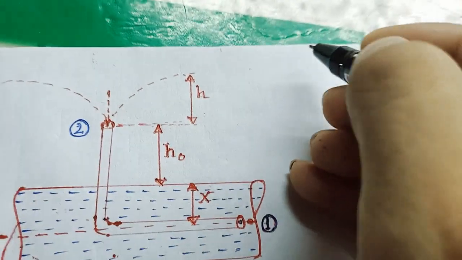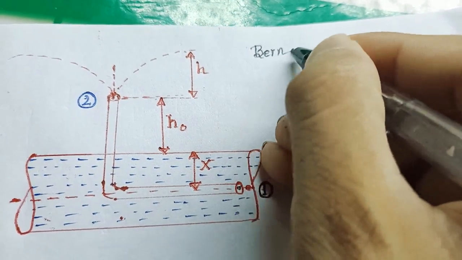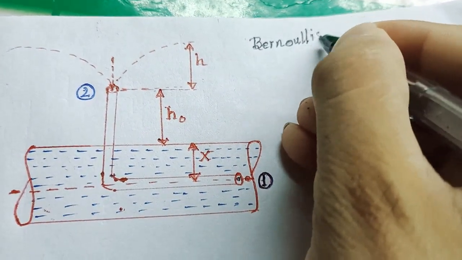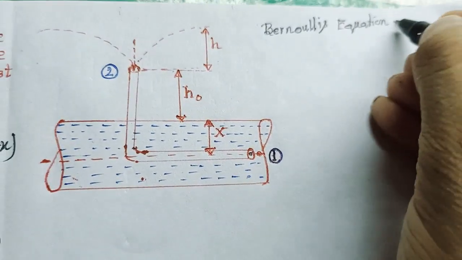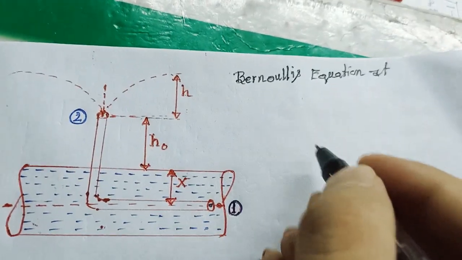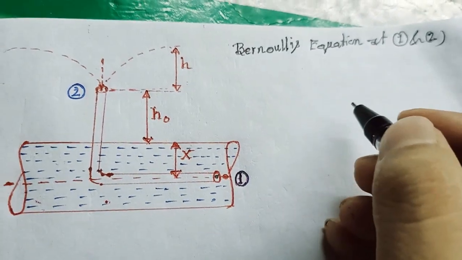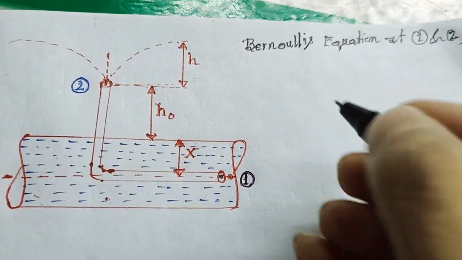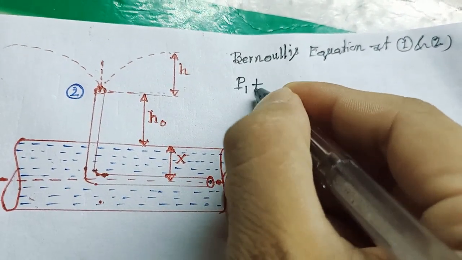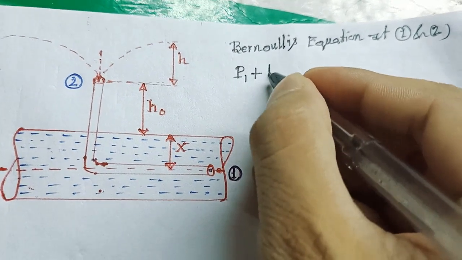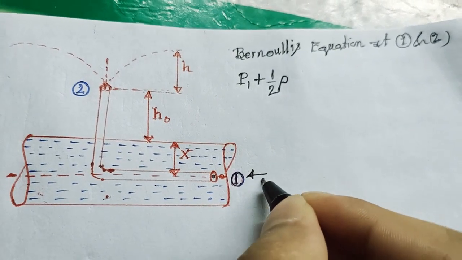So first let us apply Bernoulli's equation at point 1 and 2. So Bernoulli equation at point 1 will be P1 plus half rho, and let its velocity be v.